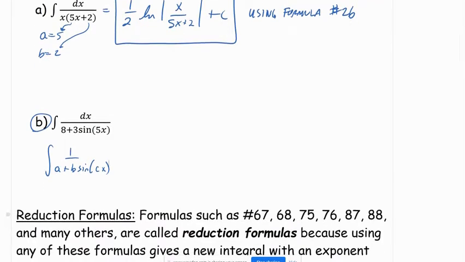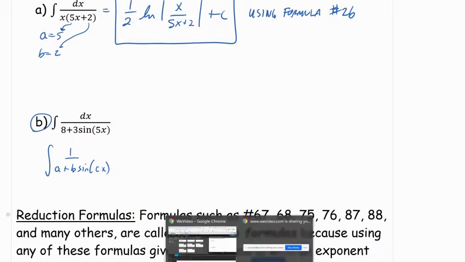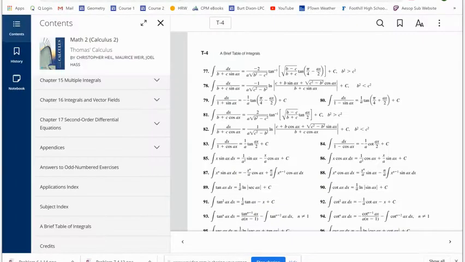All right, so problem B looks a lot like formulas 77 and 78 here. We have a constant plus a constant times sine of a constant times x. Both 77 and 78 actually look the same. What's different is at the end, it says one of them applies if b squared is greater than c squared, or if b squared is less than c squared.